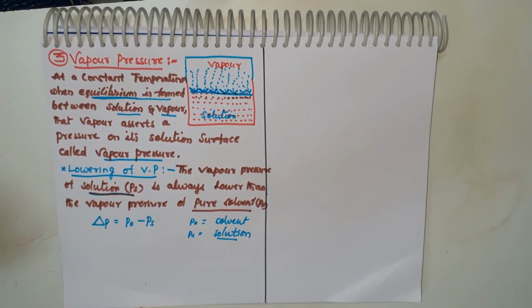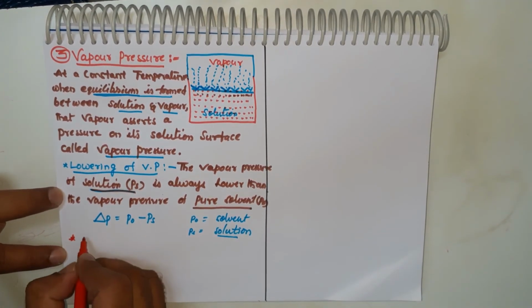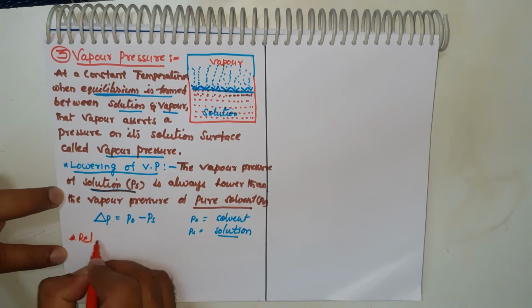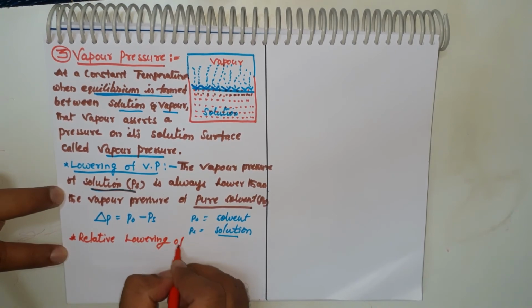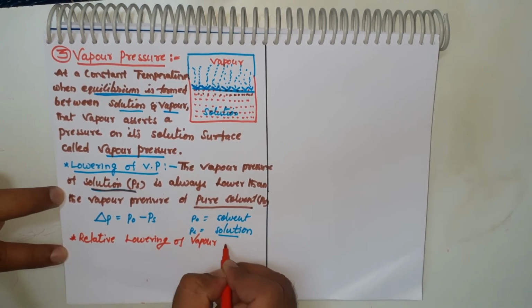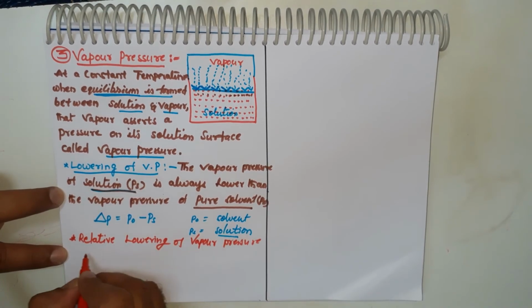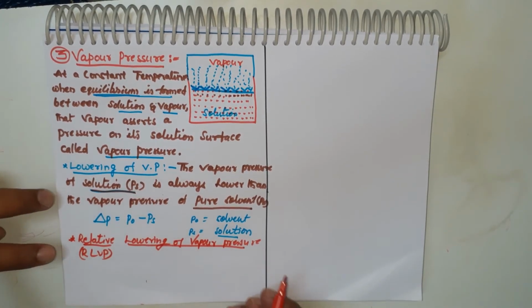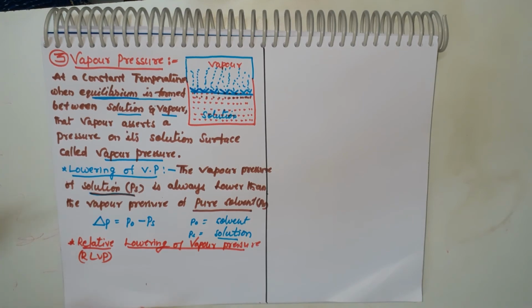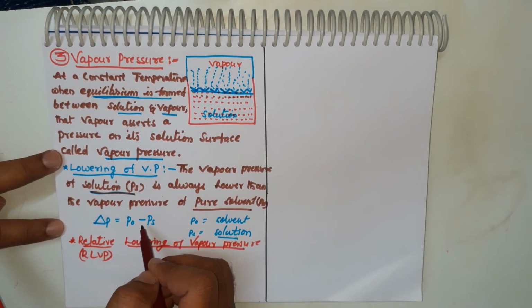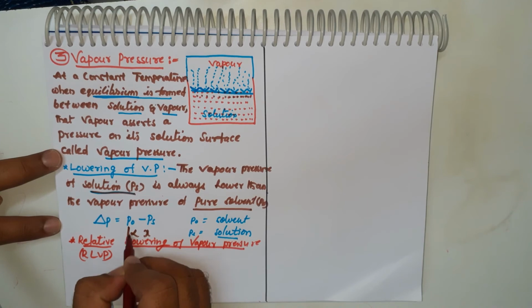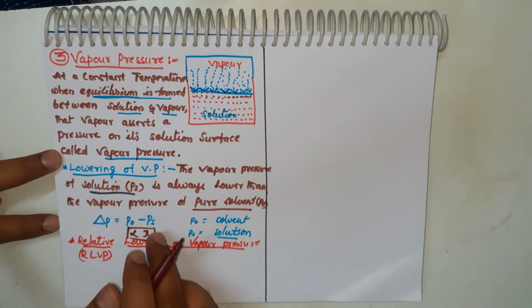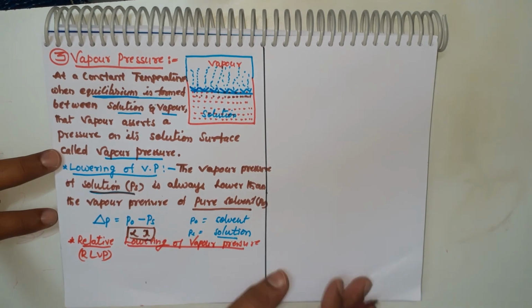Okay. Next, the third one, relative lowering of vapor pressure, shortly known as RLVP. Relative lowering of vapor pressure is a ratio. The partial pressures of solute or solvent are directly proportional to mole fraction. It's mole fraction, an important point. We will discuss it in Raoult's law in the next class.